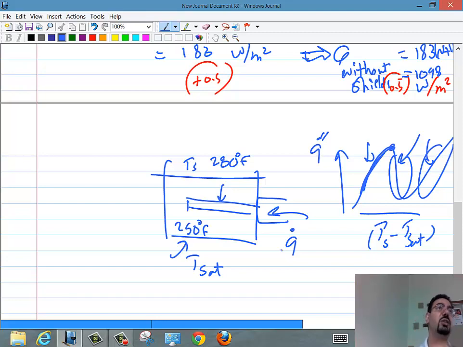There is a certain h, there is a certain area. And that 1,000 watts, in order to leave by natural convection, requires TS to be, I don't know, 100. So the TS will set at 100. So what will happen? The water that's being heated by natural convection will not be at 70 anymore.